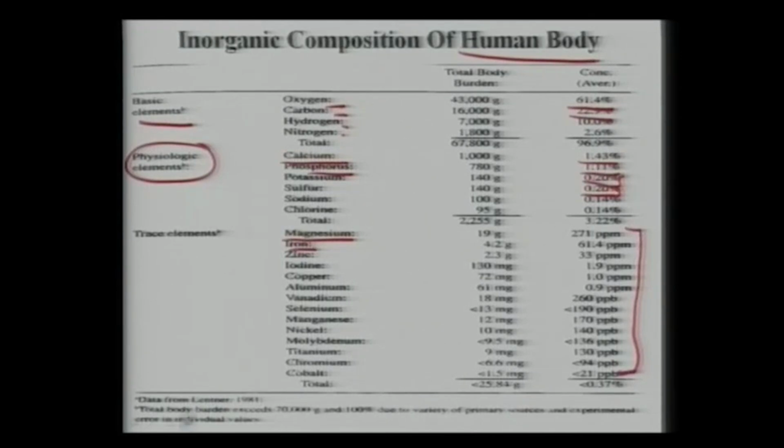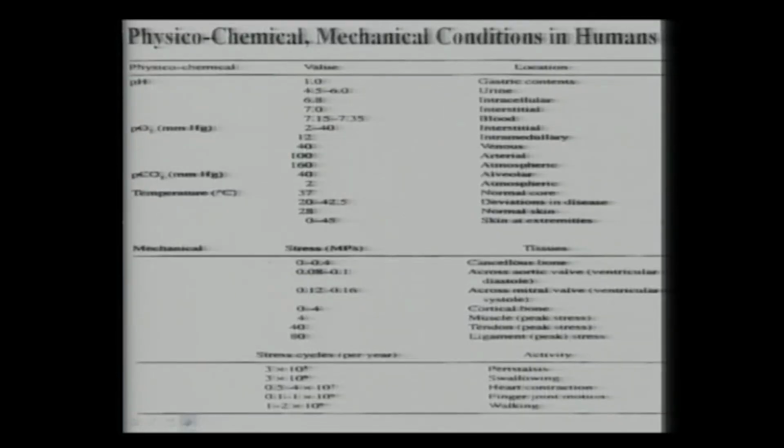Now, coming to the physicochemical and mechanical conditions in human beings, physicochemical means things like pH value. What you see normally here is that the pH value also differs depending on the anatomical location in the human body. Like pH is equal to 1 for the gastric content, pH is 4.5 to 6 in the urine, and 7.15 to 7.35 in blood.